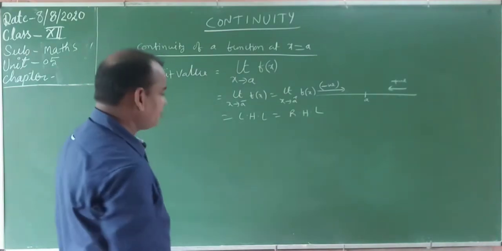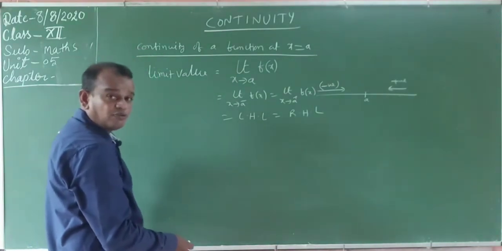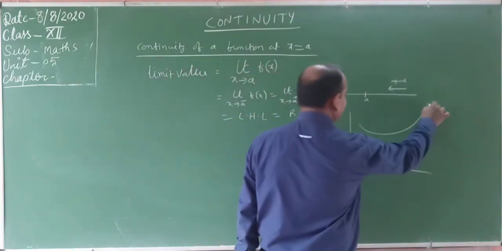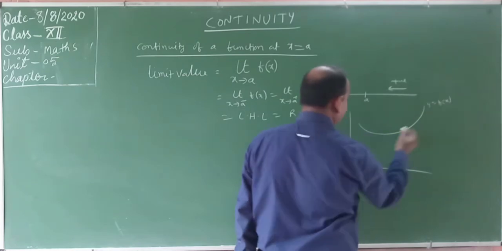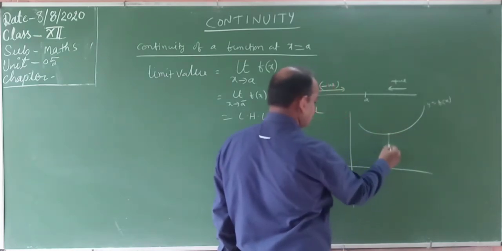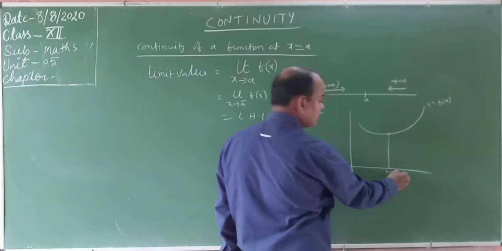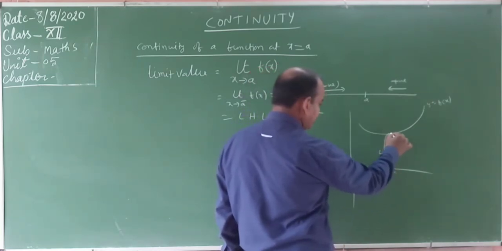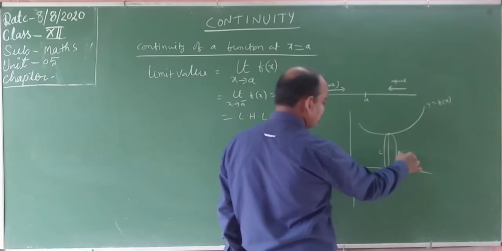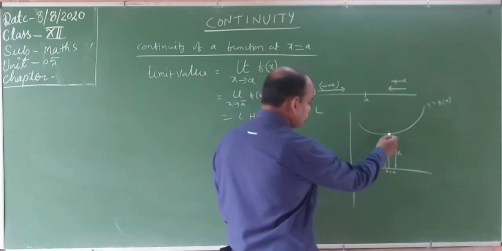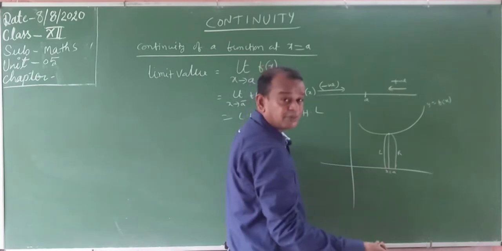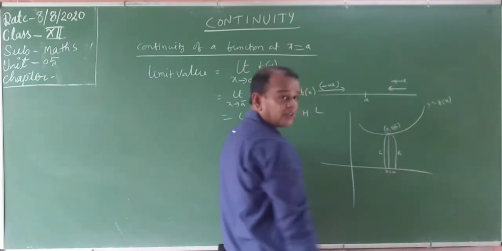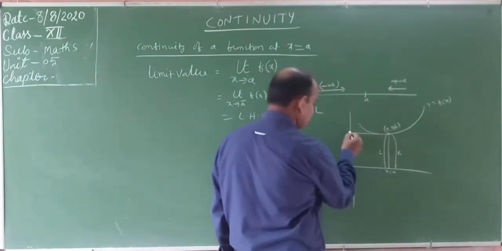After that, the next step is to find the function value. Suppose this is y is equal to f of x, a curve, and this is the point at x is equal to a. Here you can find the left hand limit and the right hand limit, and also the function value, f of a, meaning y.